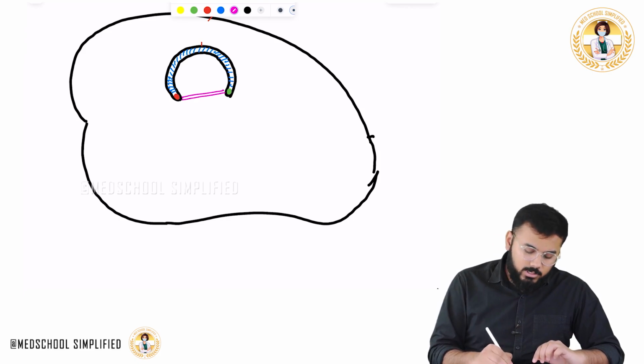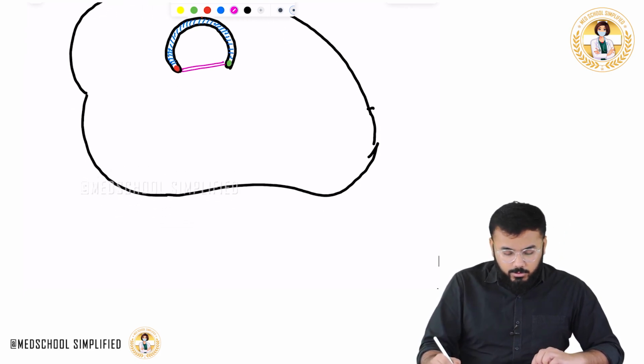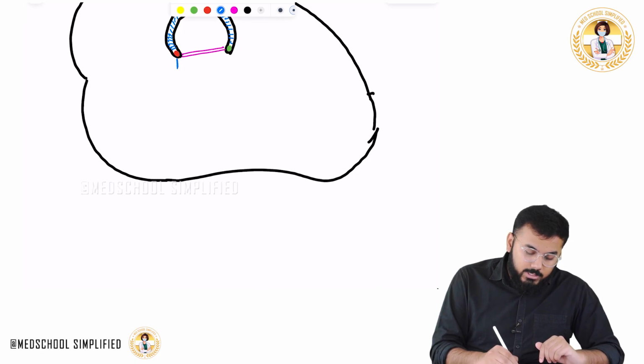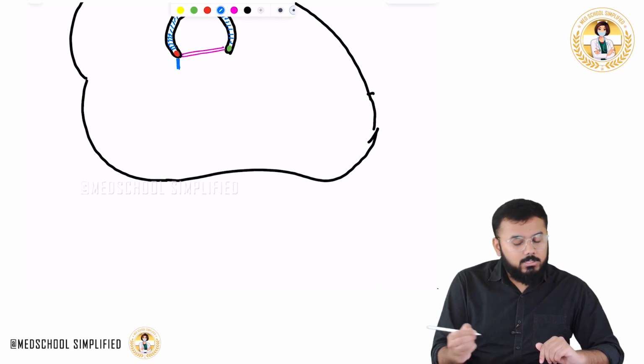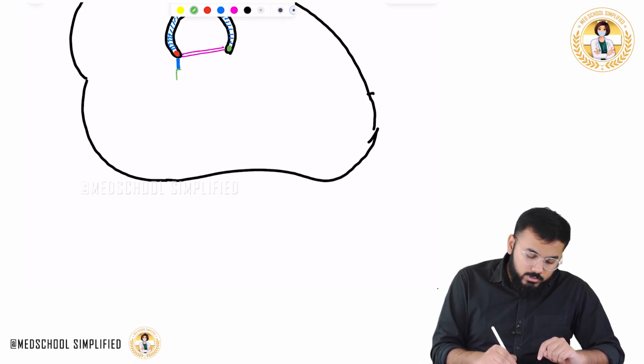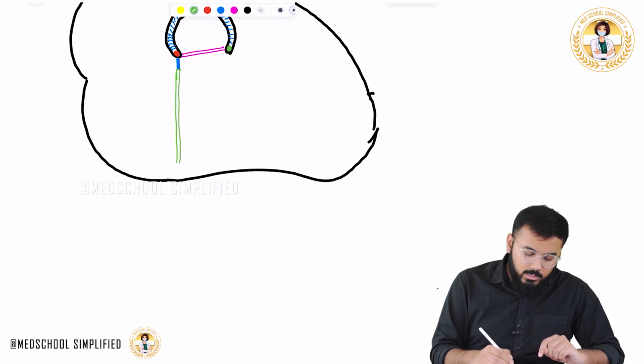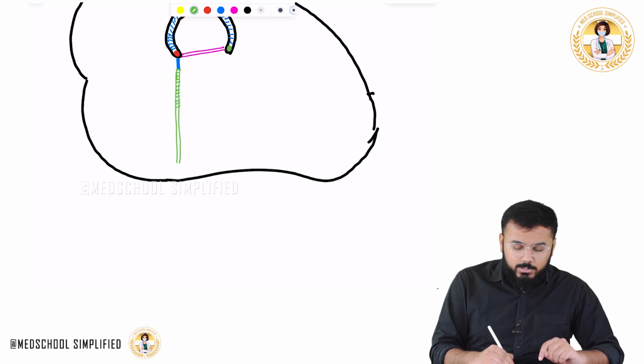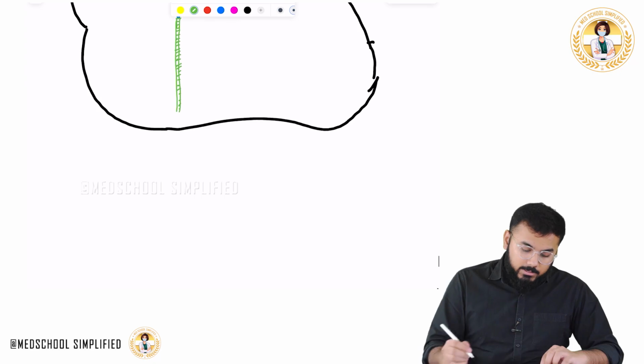This structure I call the fornix. Next, another structure hanging down all the way like this. What is this called? This is called your rostrum. Just beneath the rostrum you see another structure hanging down all the way like this, right? This structure is called the lamina terminalis.